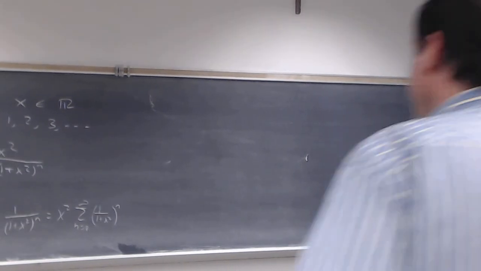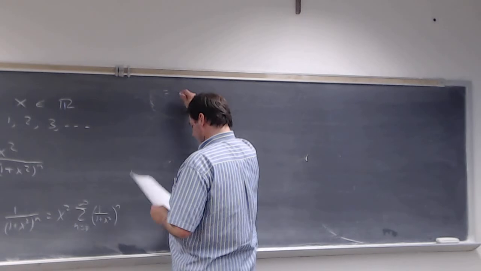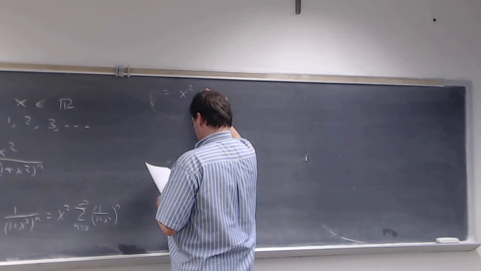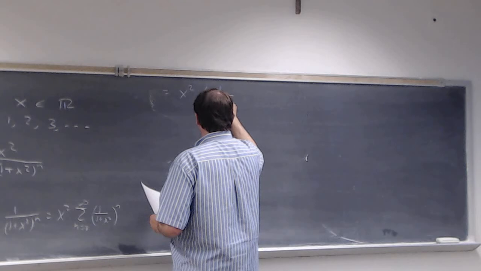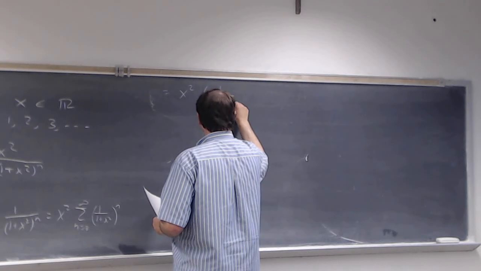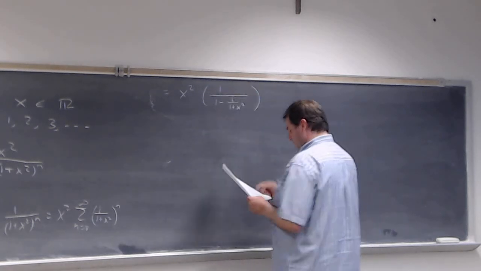Now, that last summation looks like a geometric sum. So this is equal to x squared times 1 over 1 minus 1 over 1 plus x squared. That's what we get.